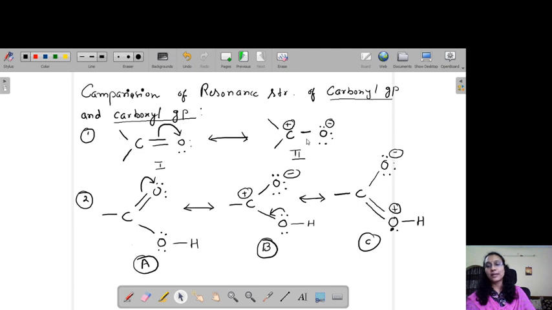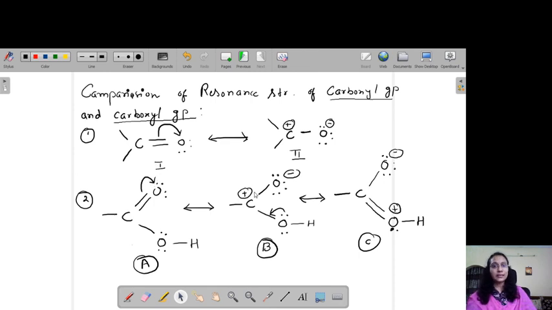Okay, we are comparing carbonyl and carboxyl groups. It may be noted that the carbonyl group and the carboxyl group both are polar due to the resonance structures. Which structure, number B?